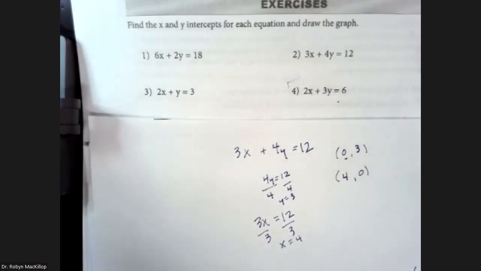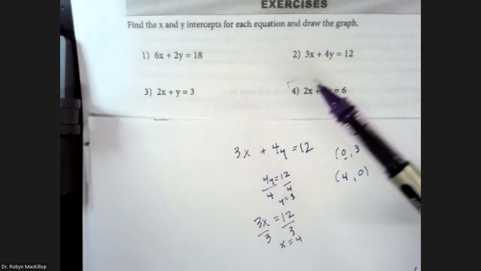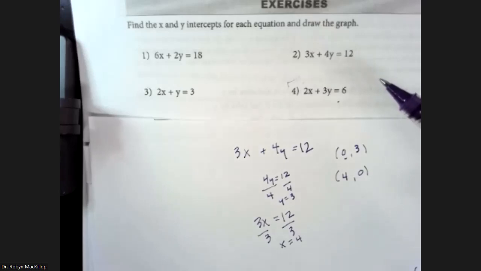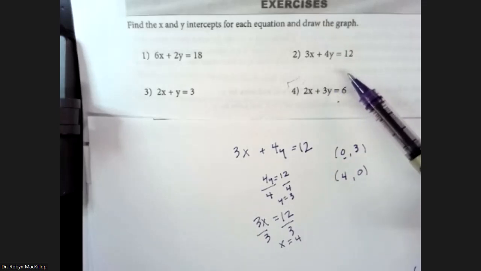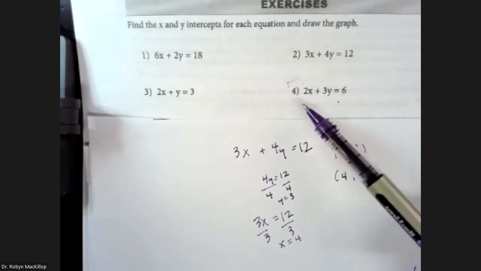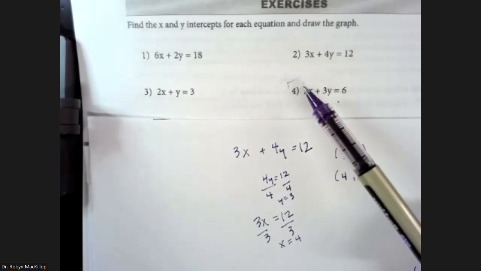So it's not bad. And the more you do things like this, you'll realize if you get a problem like this one, any of these, it'll take you just a second to realize there's nothing you can do with it this way, other than get rid of one, solve for the other, get rid of the other, solve for the first.